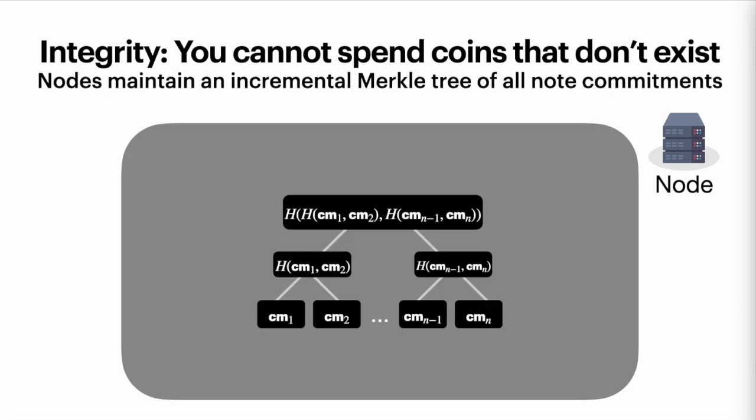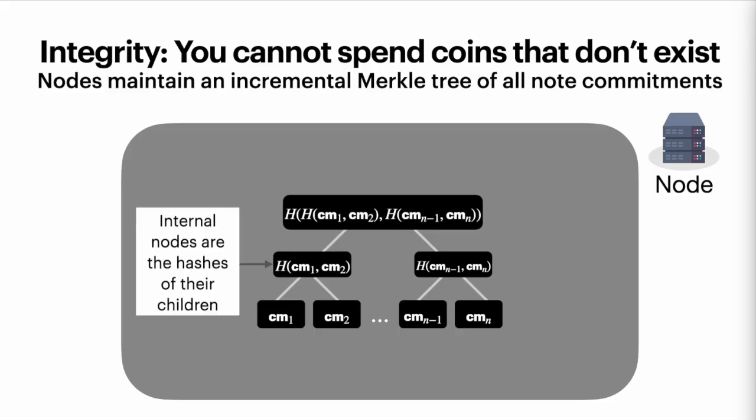So in fact, what we do is we use a Merkle tree. Nodes, instead of maintaining a list, maintain an incremental Merkle tree containing all note commitments that have ever existed in the system. These Merkle trees must be append only because modifying or deleting entries would leak information. A Merkle tree is just a data structure where internal nodes are the hashes of their children.